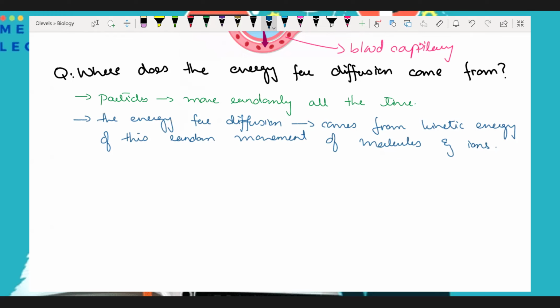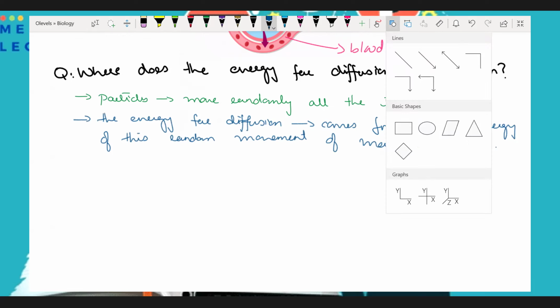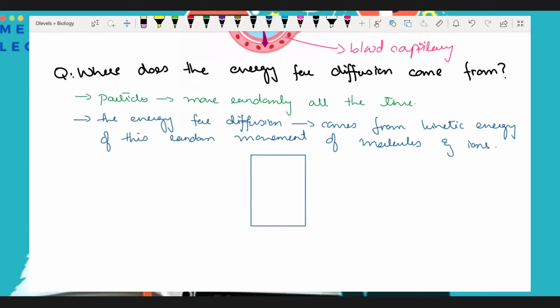Right? Suppose here I can make an image of a container or a beaker, and inside that container you have the gas molecules, right? Now, what are these gas molecules doing inside this beaker?